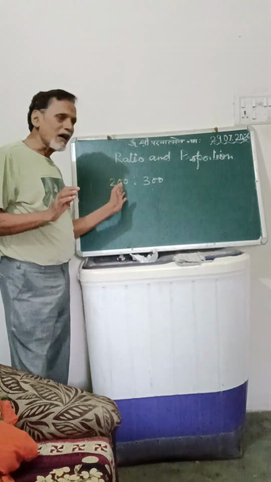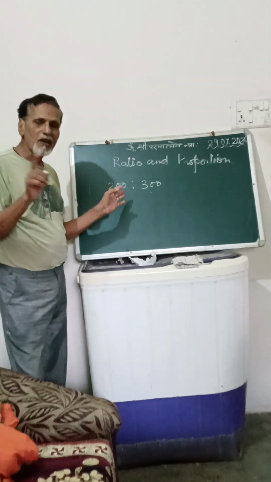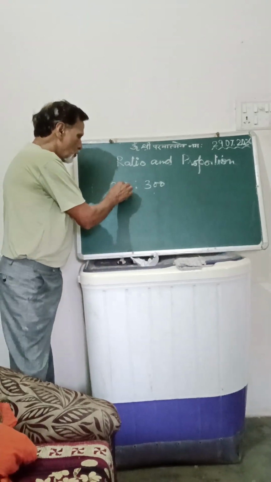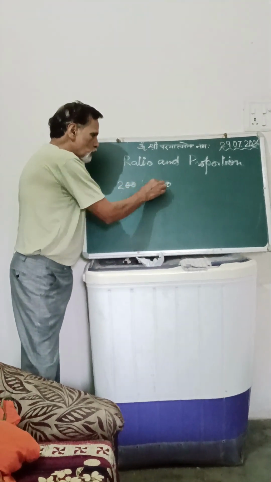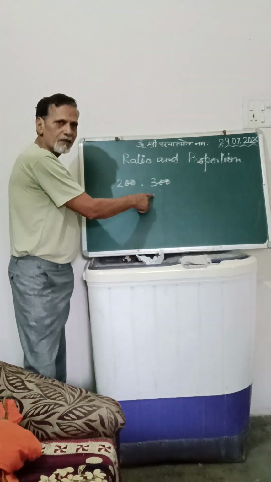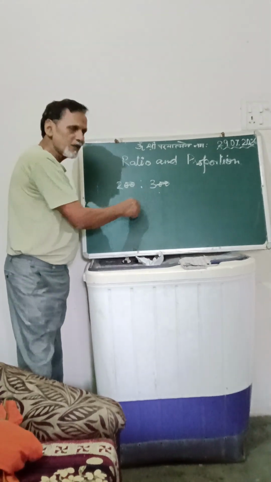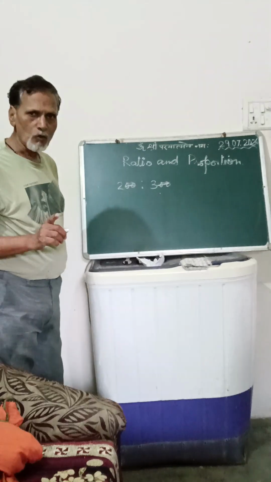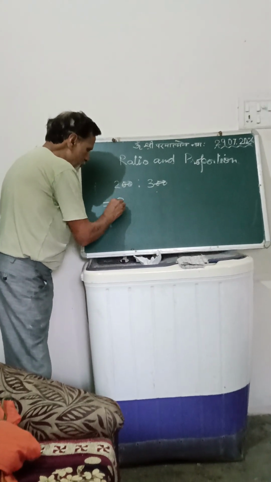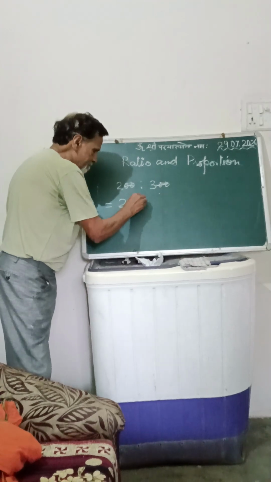If they are reduced, they will never be called ratio. So you will reduce: 200 and 300 become 2 and 3. Can 2 and 3 be reduced again? No. So the ratio between these two expenditures is 2 is to 3.